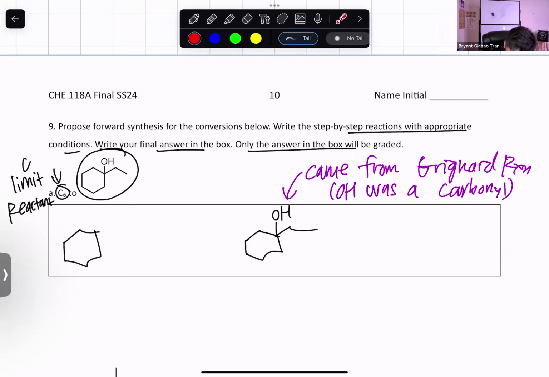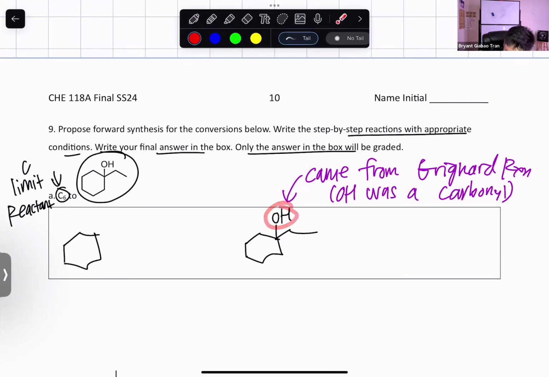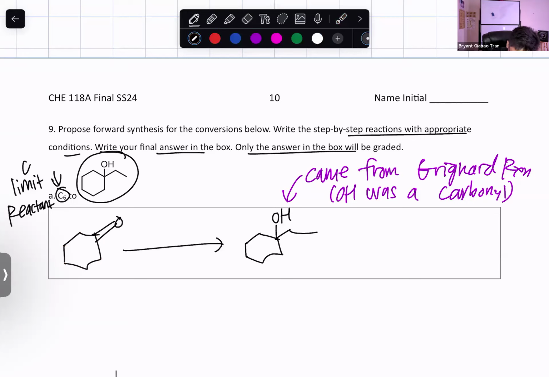And we could say that this alcohol here, like we said earlier, came from a carbonyl. We could say that carbonyl was right there. And this is still 6 carbons. 1, 2, 3, 4, 5, 6. Right? And because this is the carbonyl here, that dot is the electrophile that gets attacked.